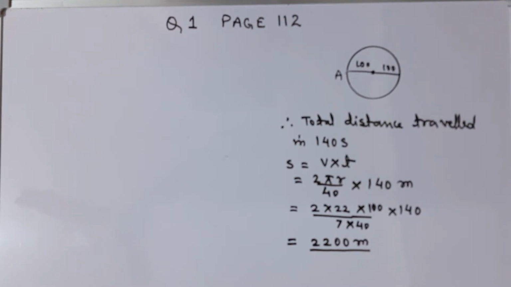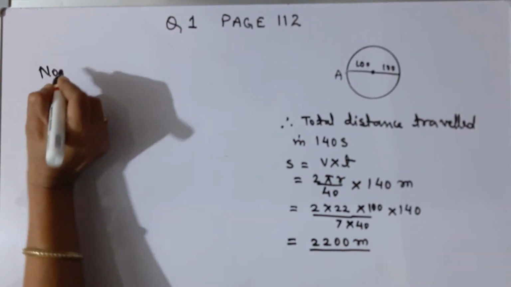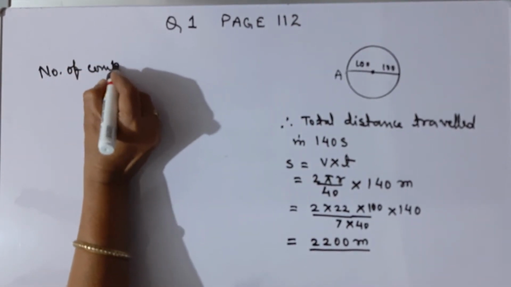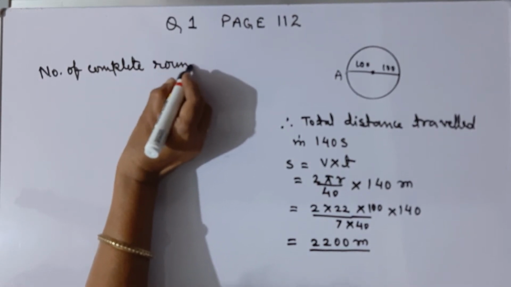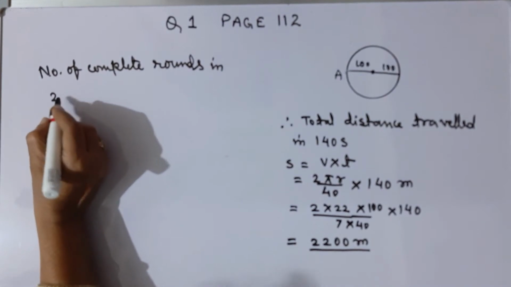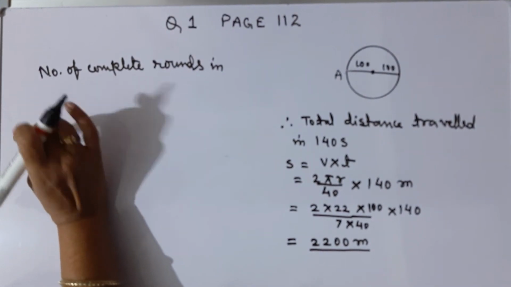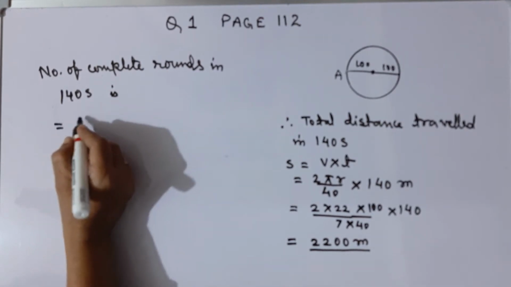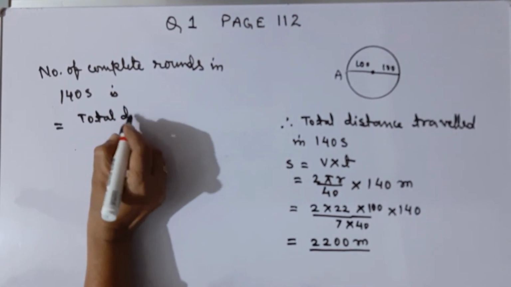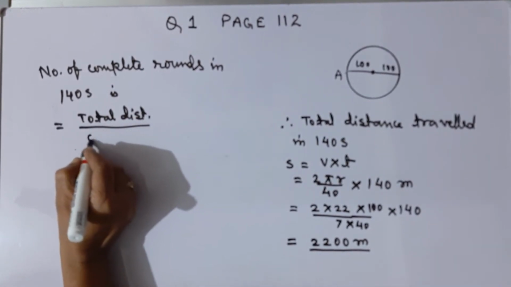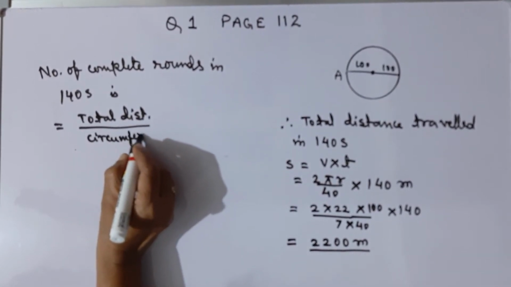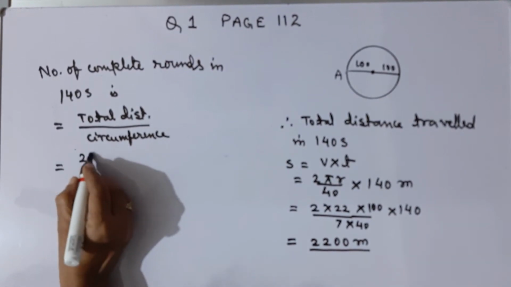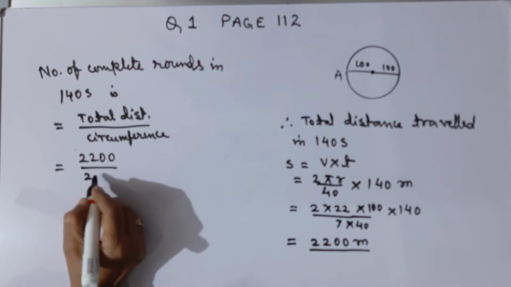Number of complete rounds to travel 2200 meters in 140 seconds is to be calculated, and that will be given by total distance travelled divided by the circumference of the circular path, which is equal to 2200 upon 2 pi r.